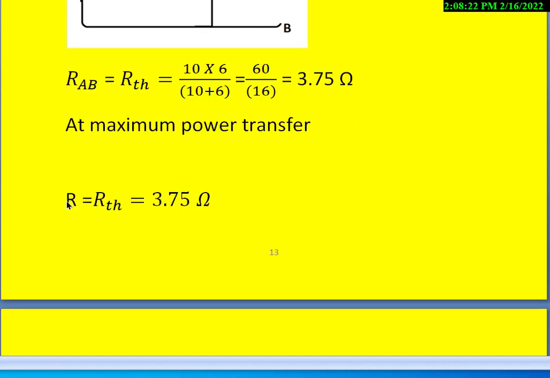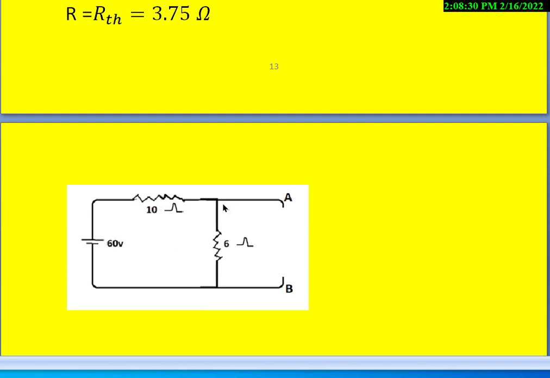That means the load resistance R between terminals A and B must be equal to 3.75 ohms to get the maximum power at the load terminals.